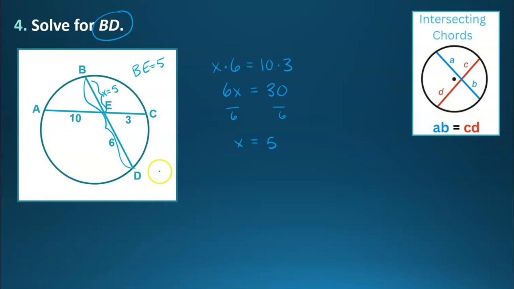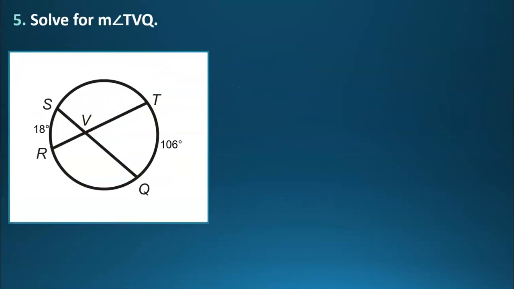So if part of it is 5 and part of it is 6, it's nothing too crazy. I'm just going to add those together. One piece plus the other piece equals the total. That's just going back to our basic segment addition. So just pay attention to, I honestly don't remember which type of problem I gave you, but pay attention to, do they want the whole chord or just a piece of it?